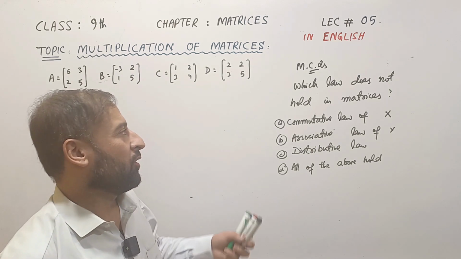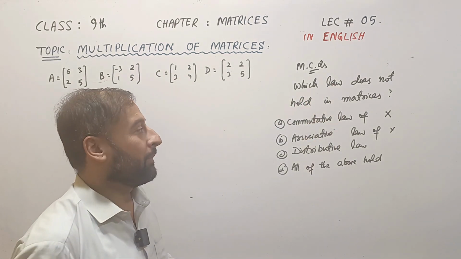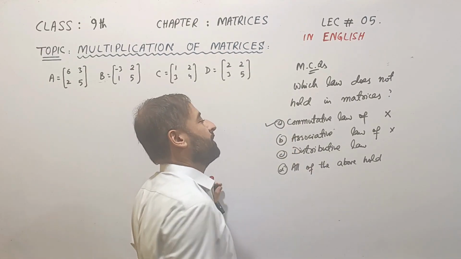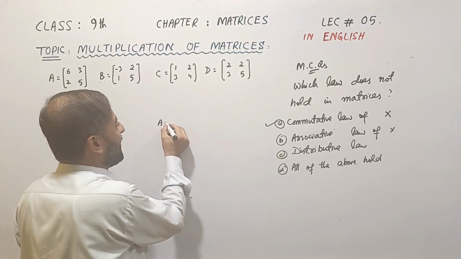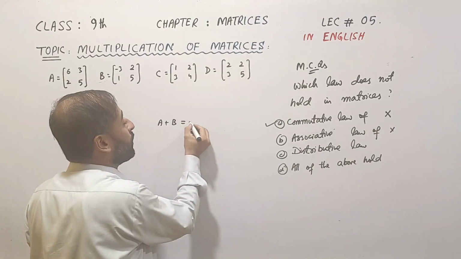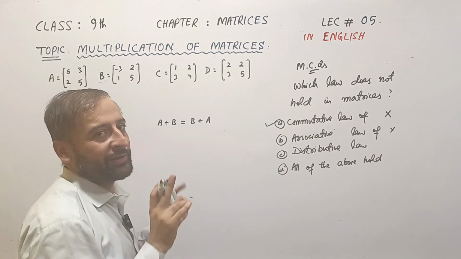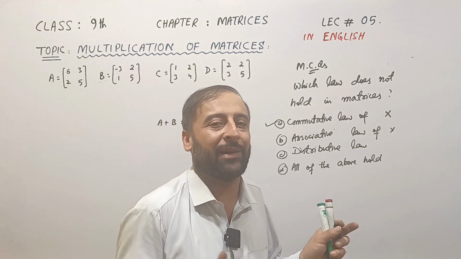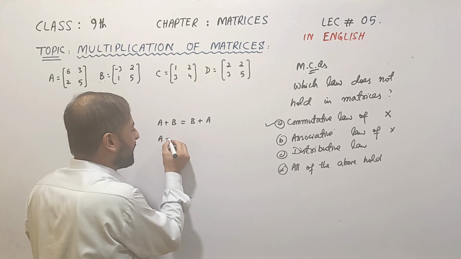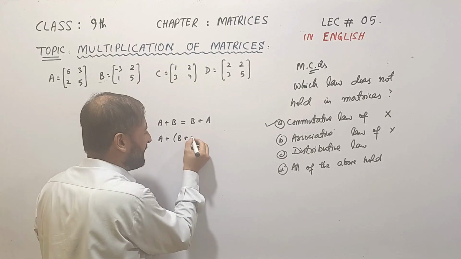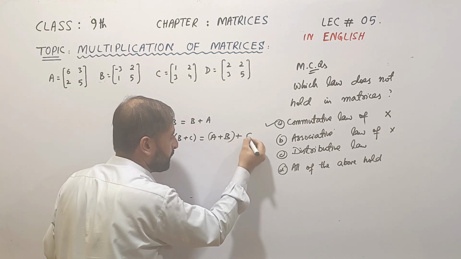All right, students, what did I write? Which law does not hold in matrices? Multiplicative law of addition. Students, in the previous lecture, you discussed that this is called commutative law of addition, and it holds in matrices provided the 2 matrices are suitable or conformable for addition. Similarly, if addition is possible, this is called associative law of addition.